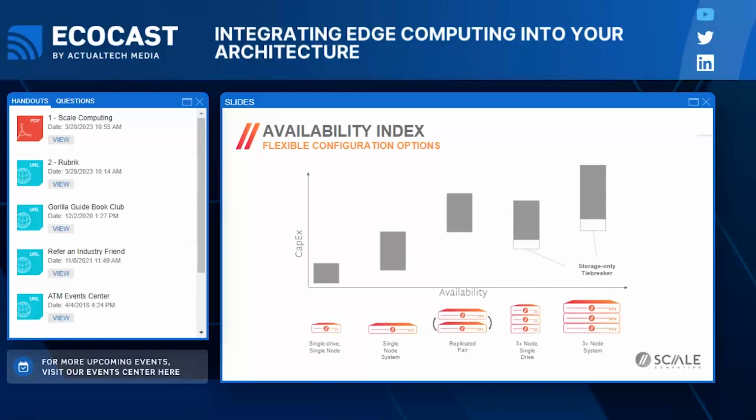And so one of the things we talk customers through is this concept of an availability index. You can do lots of things, from starting with a single server, single box, fortifying it with RAID or different storage. That gives you a certain level of availability at a certain price point.